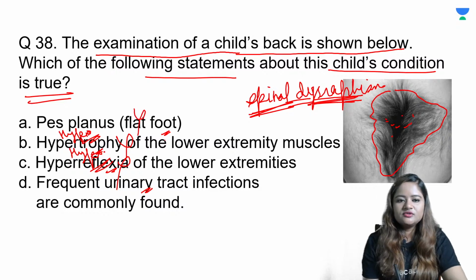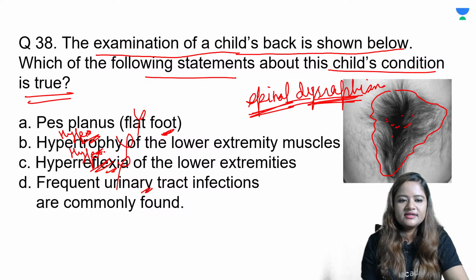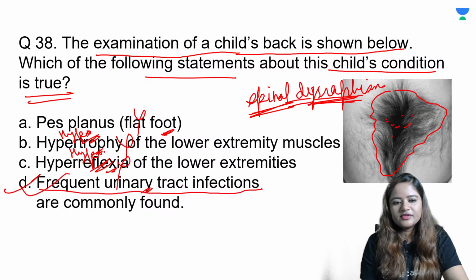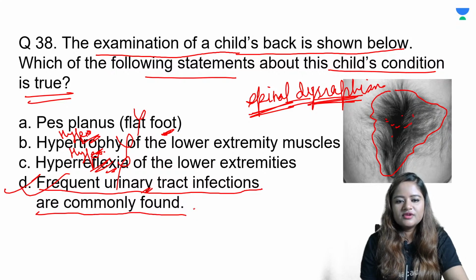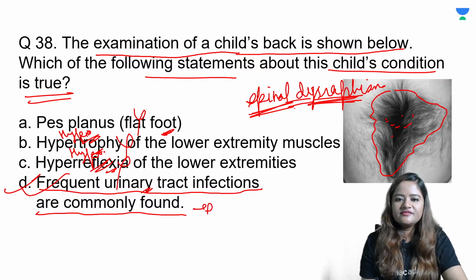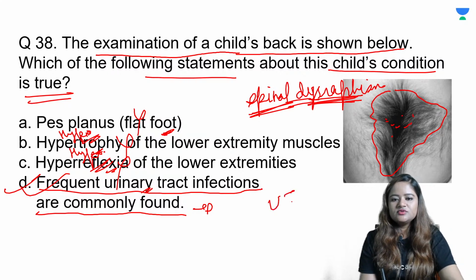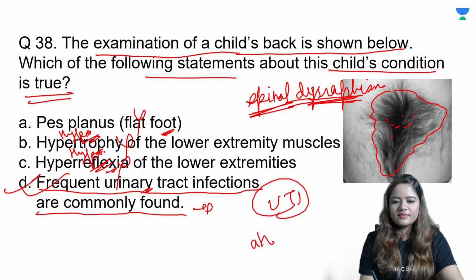Flat foot has got nothing to do with it. It is another problem which is because of bony abnormality. And frequent UTI infections, which is common. So in these patients, they have a lot of frequent urinary tract infections if they have abnormal findings like spinal dysraphism, which presents with tuft of hair on the skin. Okay, UTI is very common because of developmental and anatomical abnormalities.